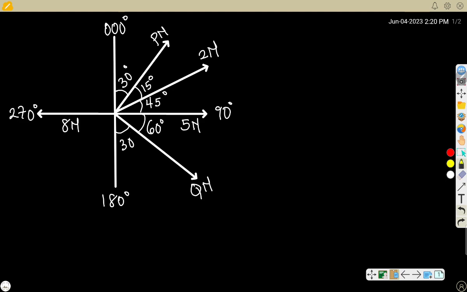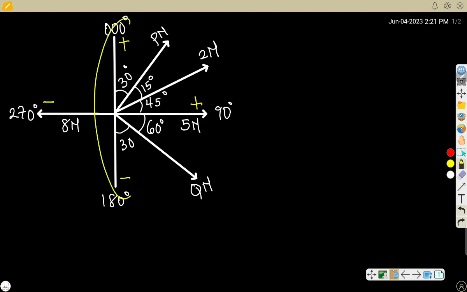Now, what is the sign convention here? Vertical is sine. Sine 90 is plus 1, so this is plus. Sine 270 is minus 1, so this will be minus. Horizontal is cos. Cos 0 is 1, so this sign is plus. Cos 180 is minus 1, so this sign is minus. That is the sign convention we are using.